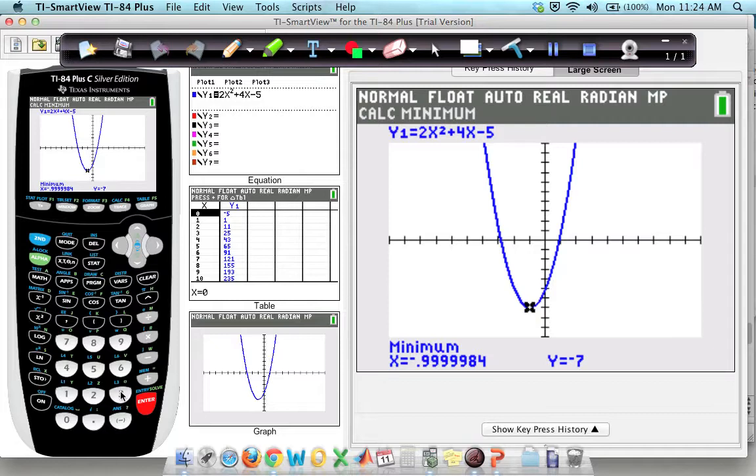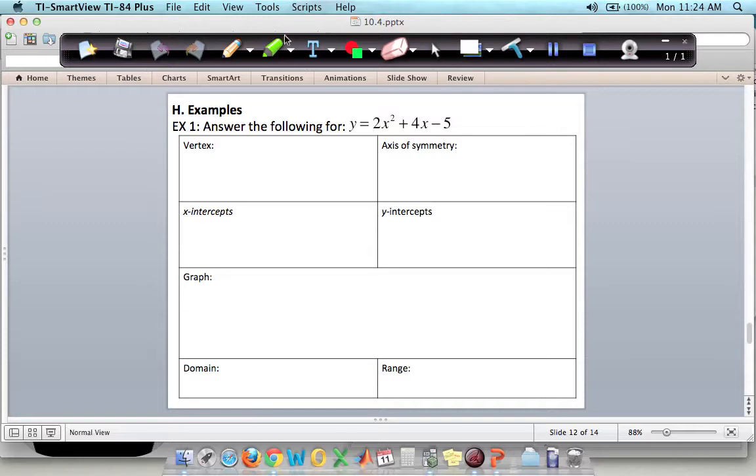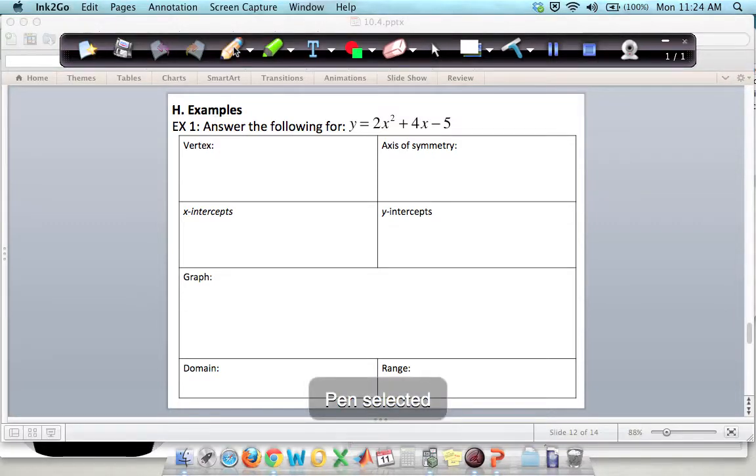So I'm going to go ahead and write all this down. So my vertex is negative 1, negative 7. Axis of symmetry, remember that's x equals, and then the x value of your vertex, negative 1.